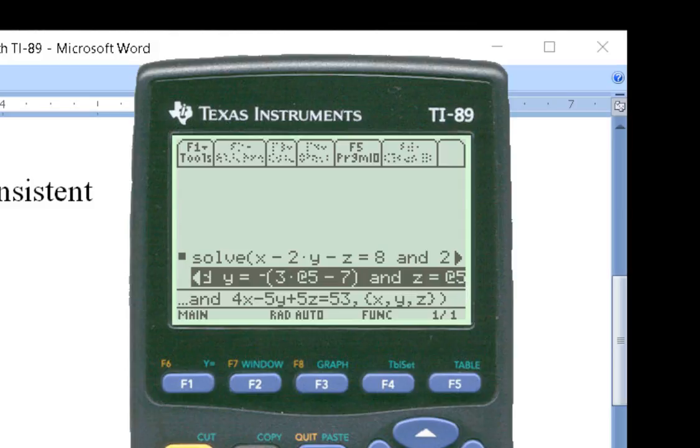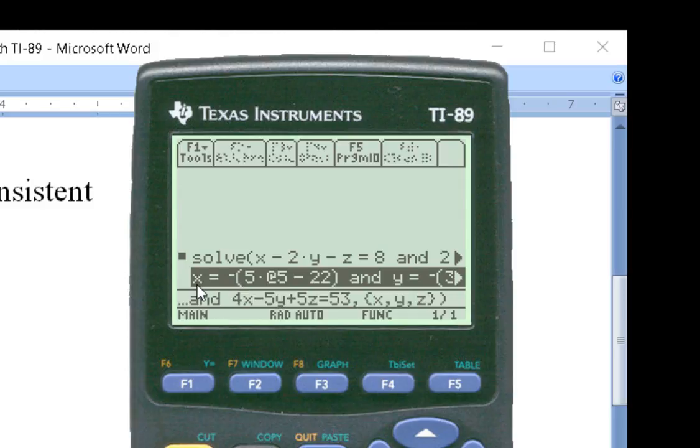So in other words, what the calculator does is it gives you the solution set. It's infinite, so there's many solutions. You can't just give one answer because it's infinite. It gives you the solution set in terms of z. So if I were to multiply, look at this equation here. x equal to, okay, so I have a minus here.